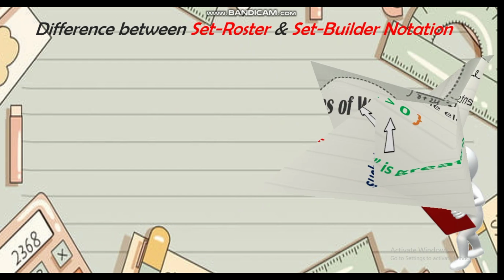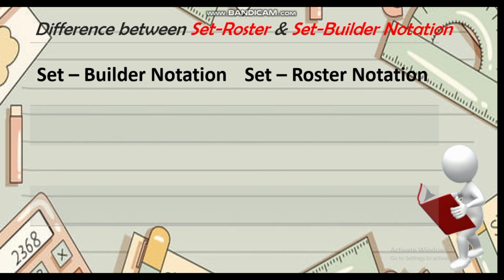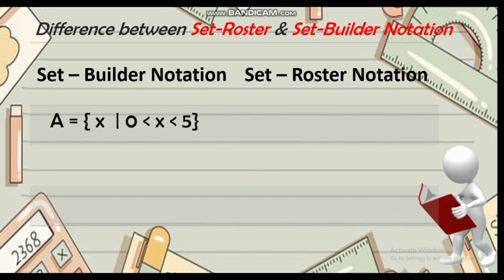Let us now differentiate set roster and set builder notation. On one side, I'll show how it looks when written in set builder notation, and on the other side, how it looks in set roster notation. First, set A is the set of all x such that x is greater than 0 but less than 5.